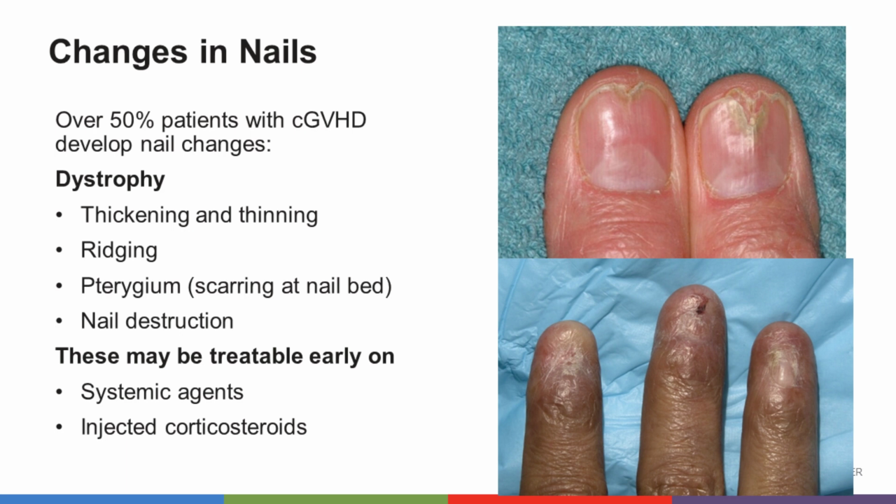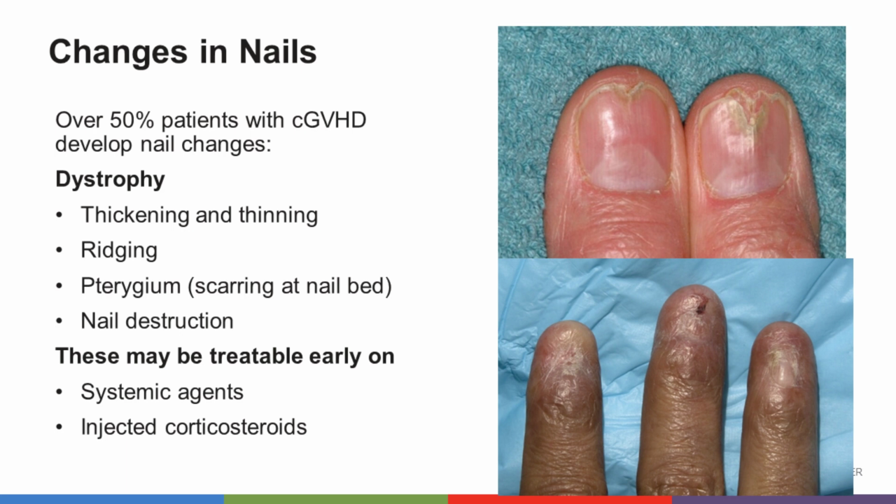If you get graft-versus-host disease of the nail, of the lunula, you can start getting abnormal-looking nails. And the nails at the top of the picture are showing ridging. It's showing an abnormal wedge formation. It's showing dystrophy, abnormal nail formation.